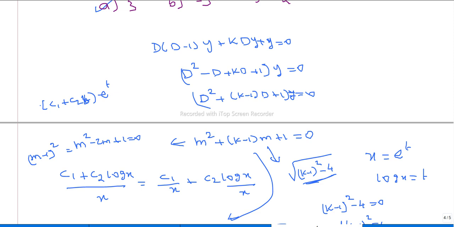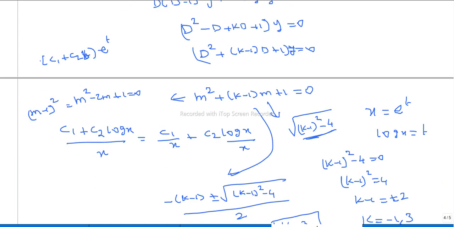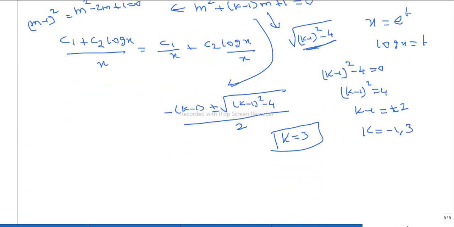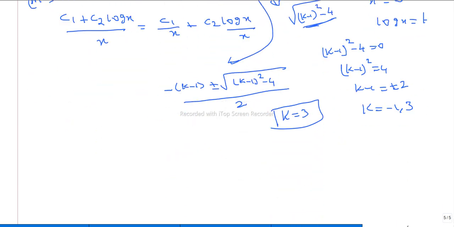Therefore k equal to minus 1 will not give the solution. If we substitute k equal to 3, the equation becomes m square plus 2m plus 1 equal to 0. So the roots are minus 1, minus 1.